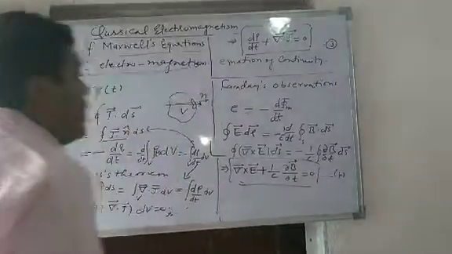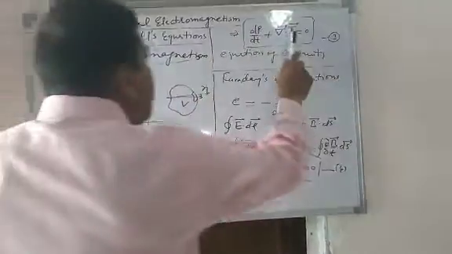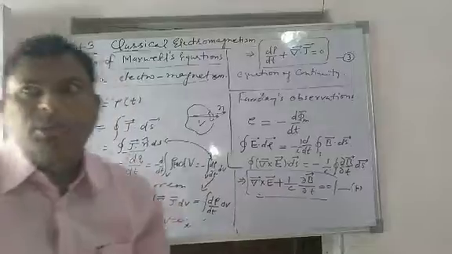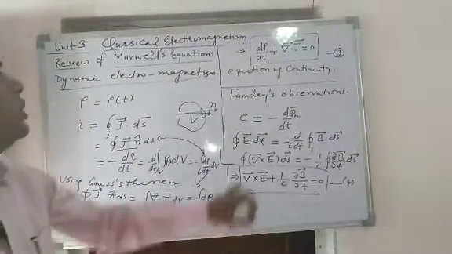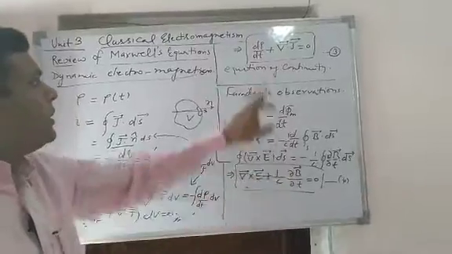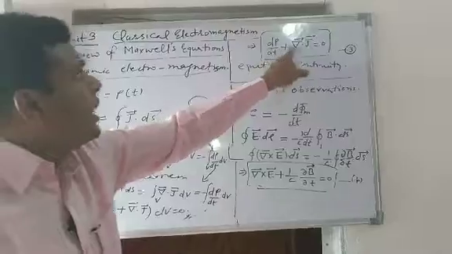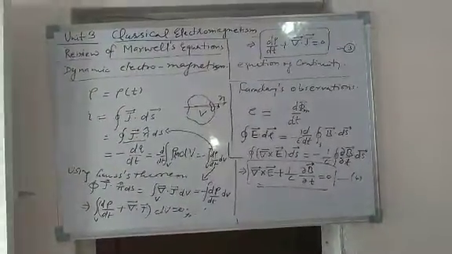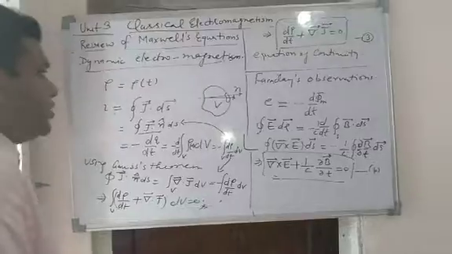Now remember, earlier we had del dot J equal to 0 when we were discussing static electromagnetism. So we need to modify our relations so that the equation of continuity is followed. This observation of Faraday gave an idea about how the modification should be done.